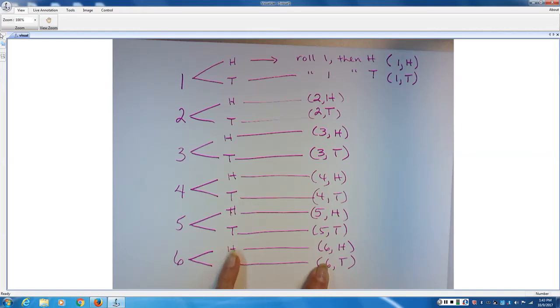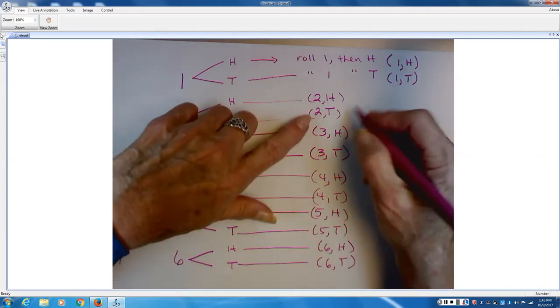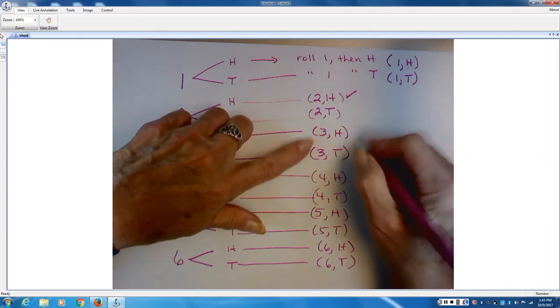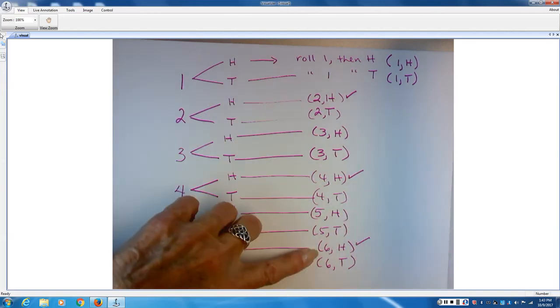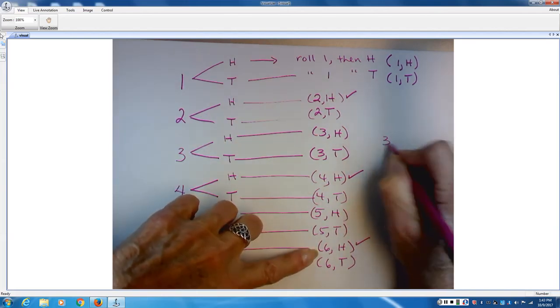Now, if I were to ask you, what's the probability you roll an even number and then a head? Well, that would be this one, and this one. So then that answer would be 3 out of 12.